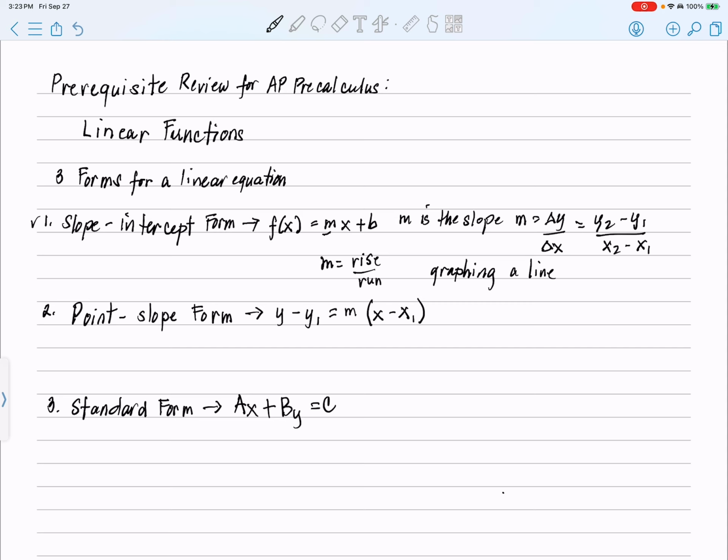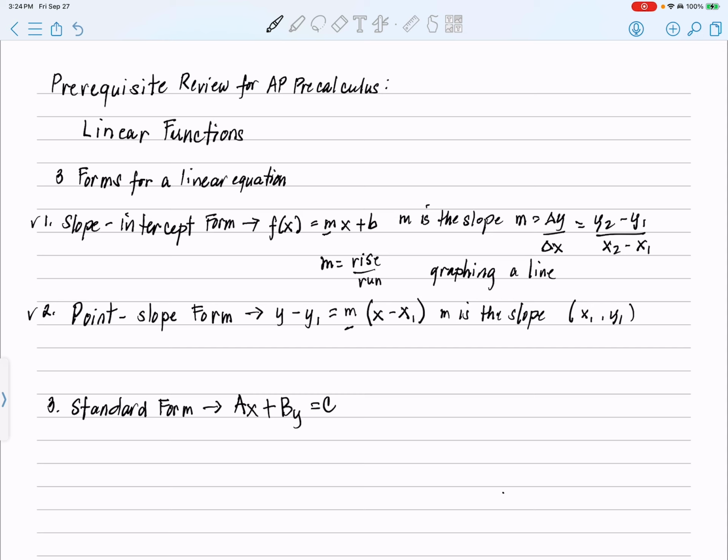The next is the point-slope form, and that is y minus y sub 1 equals m times x minus x sub 1, where the m here is still the slope. And in a point-slope form, there is one point that is given, which is (x1, y1).